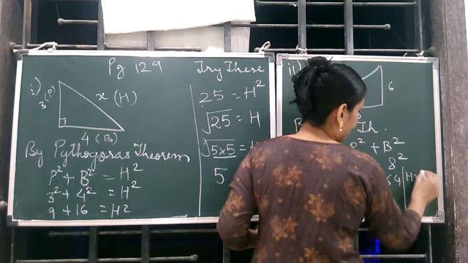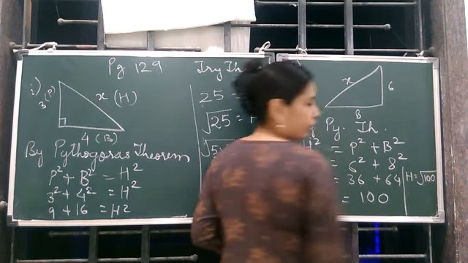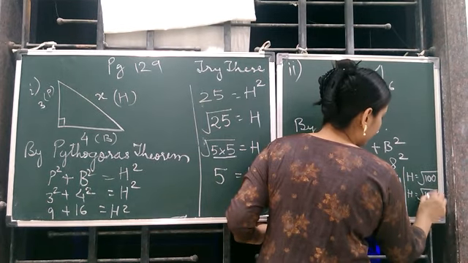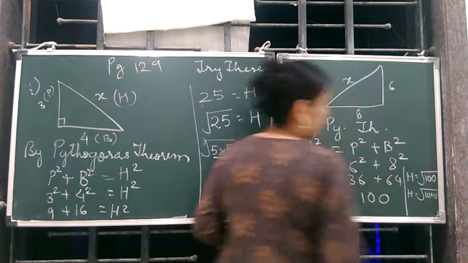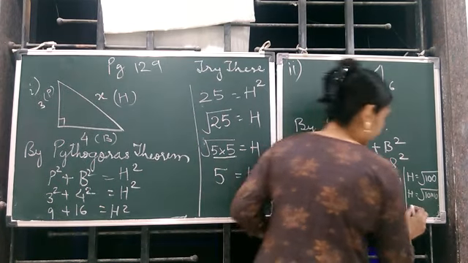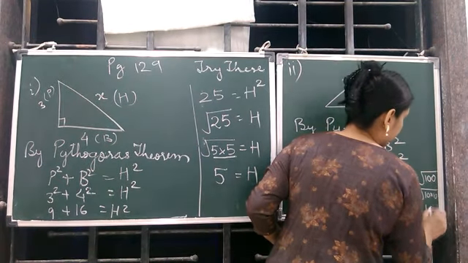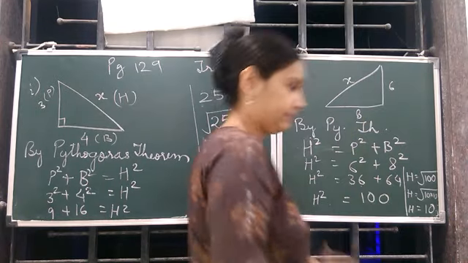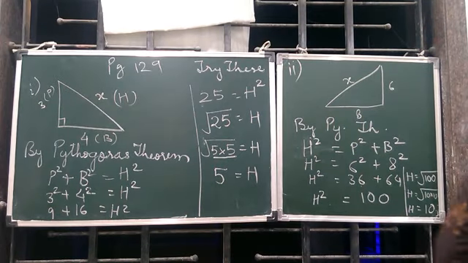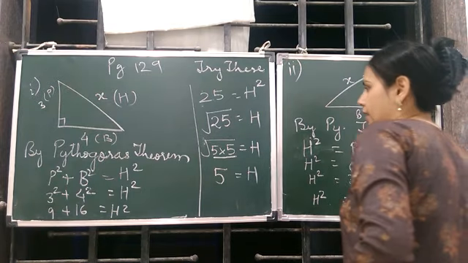H will be square root of 100. Square root of 100, we all know 10 times 10 is 100, so inside we divide 100 into 10 into 10. Now one 10 will come out. The answer is 10. Then we go ahead and do the next part.